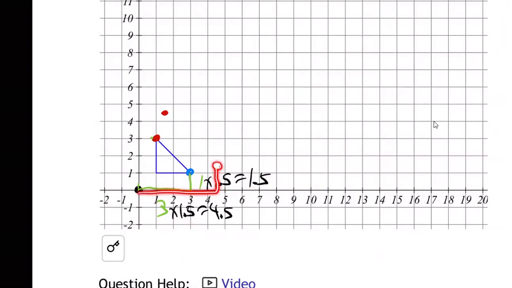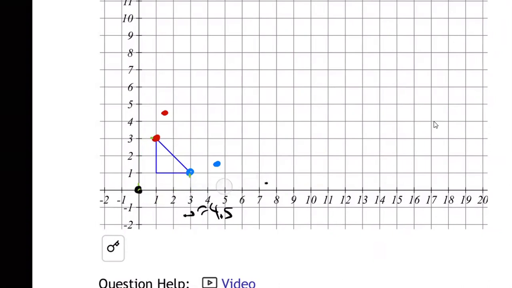You can go halfway in these boxes. Is that making sense? So I just took the original arm, 3, 1, and I multiplied them both by 1.5, and so it's 4.5, 1.5. So I'll put the new dot right there. There's the new blue dot. Over 4.5 up 1.5. So we get that one.